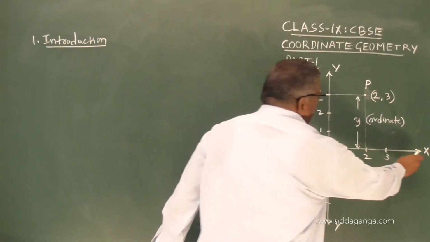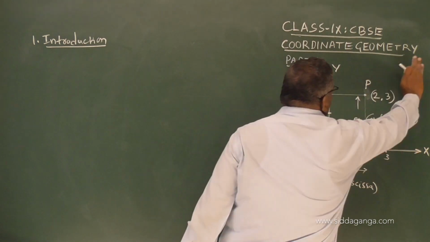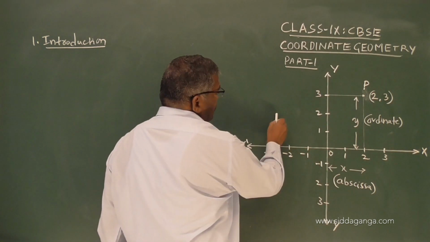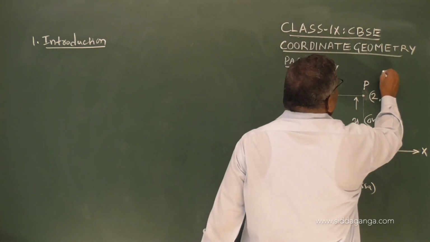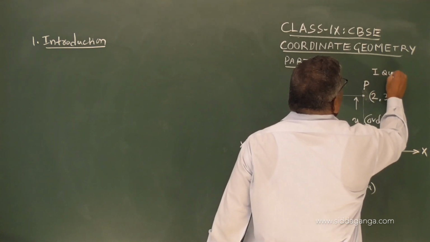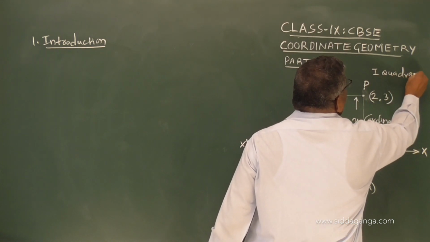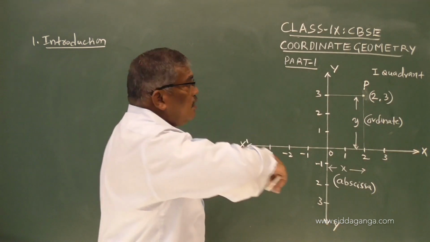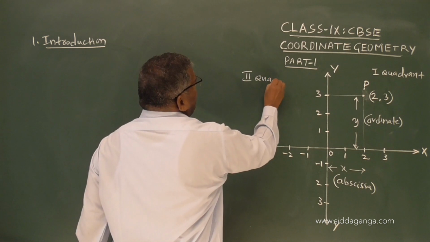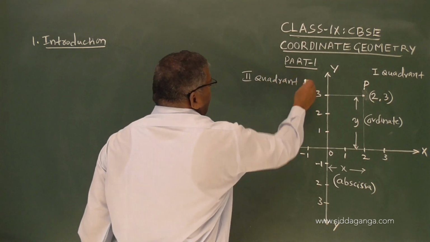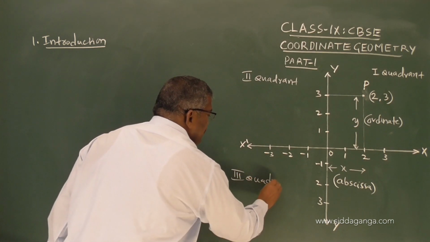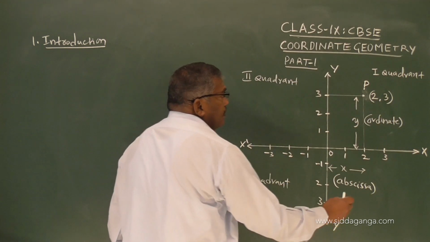You can see here the part XOY, this part, and this is YOX dash, this part. From here we call it the first quadrant. In the anti-clockwise direction we call this the second quadrant, this is the third quadrant, and this is the fourth quadrant.